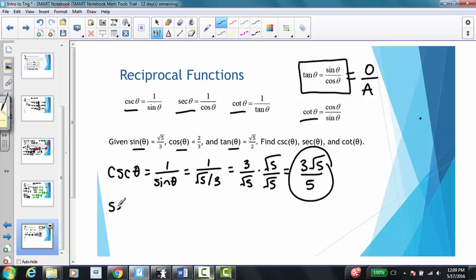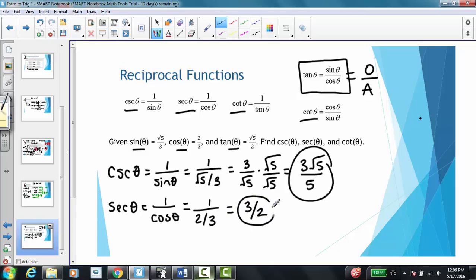All right, secant theta is equal to 1 over cosine theta, our reciprocal function. We know what cosine theta is. They gave us 2/3, which simplifies to 3 over 2. And finally, cotan theta is equal to 1 over tan theta.